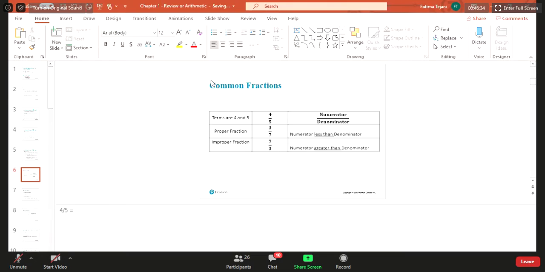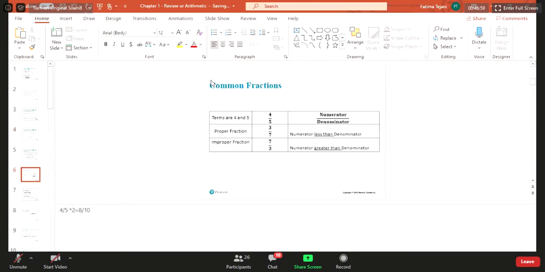You can reduce the value to the lowest, but you can also increase the value to the highest by multiplying with a common value. Suppose, for example, 4 by 5: if you multiply the numerator and denominator both by 2, what will it come to? 8 divided by 10, right? I cannot write it here, but I'm just trying to show you.